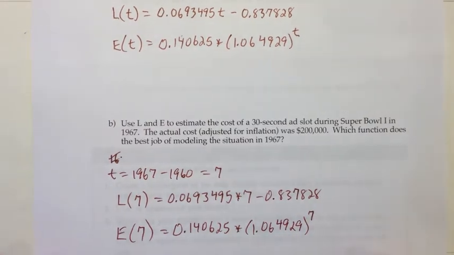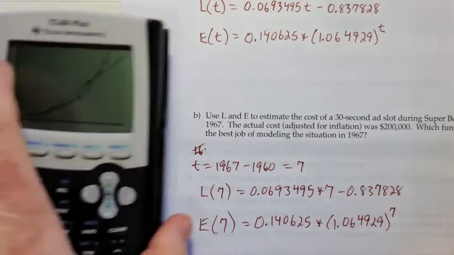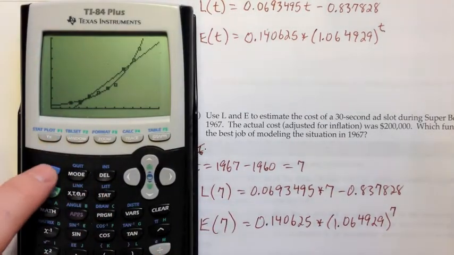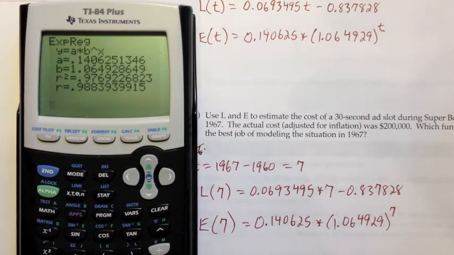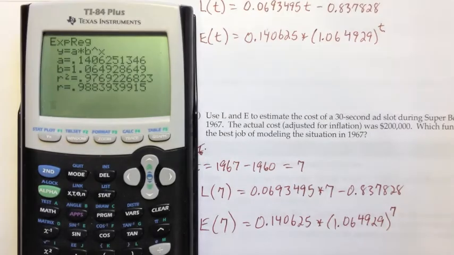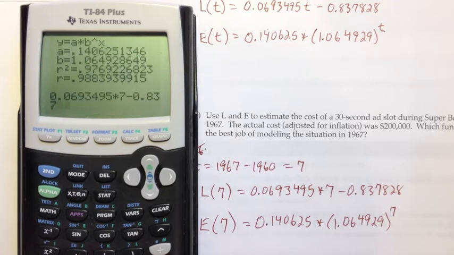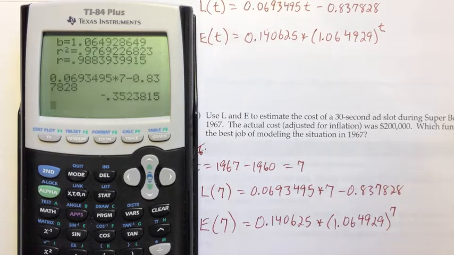Alright, so we'll bring in the calculator now, and we'll see what we get for each of those two. So I'm going to hit second quit, get back to the calculation screen for the linear one, 0.0693495 times 7 minus 0.837828, and I get a negative, which is interesting.